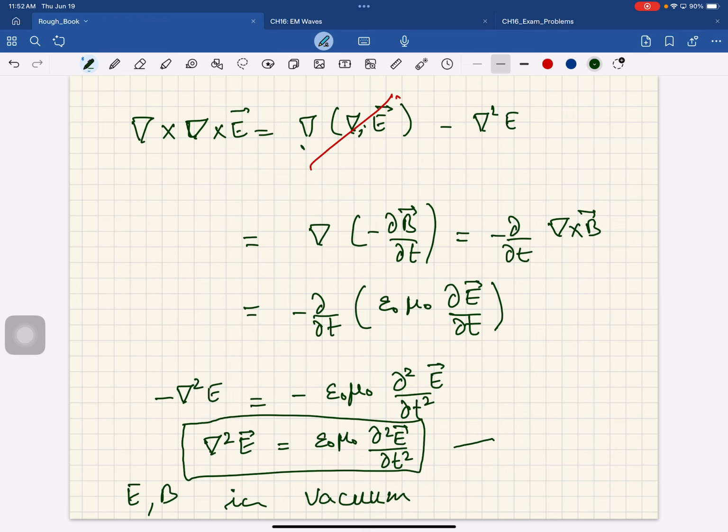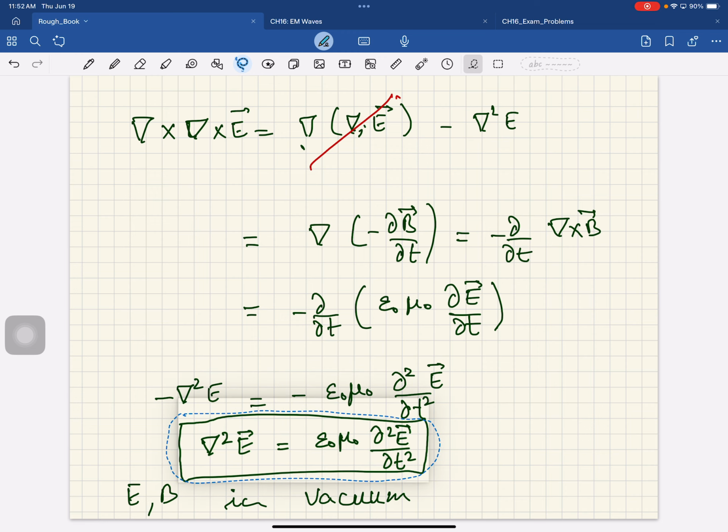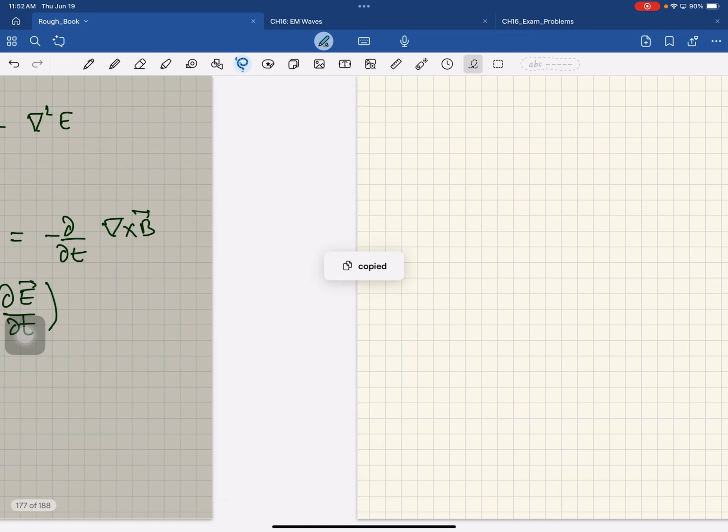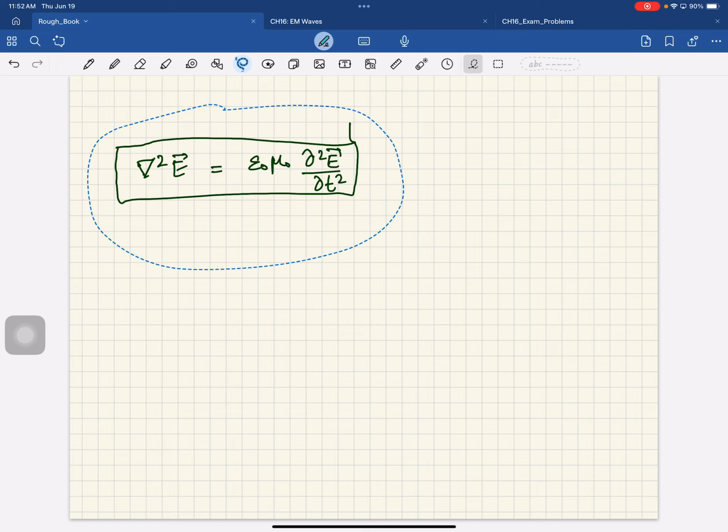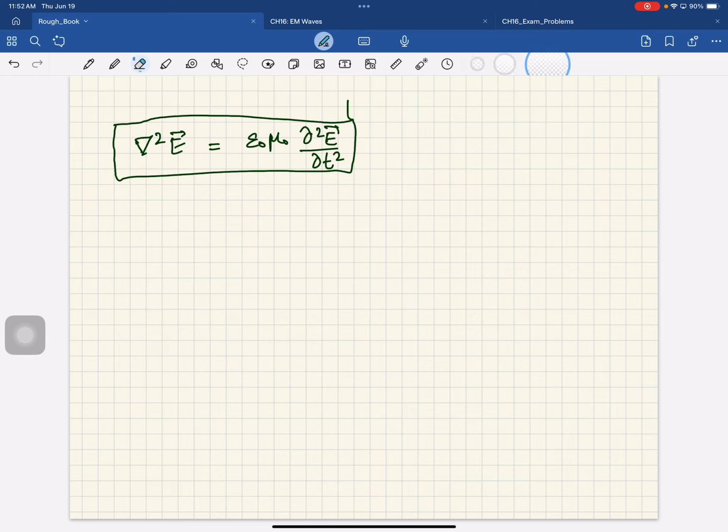All right, so let's look at what these equations predict. You got this equation, and I'm going to grab this. A couple of things about this differential equation. What does this mean?